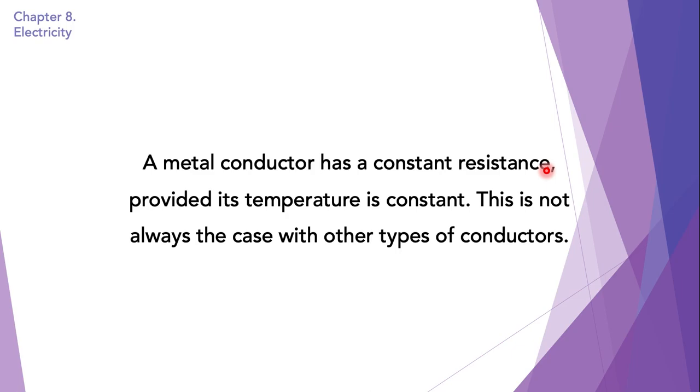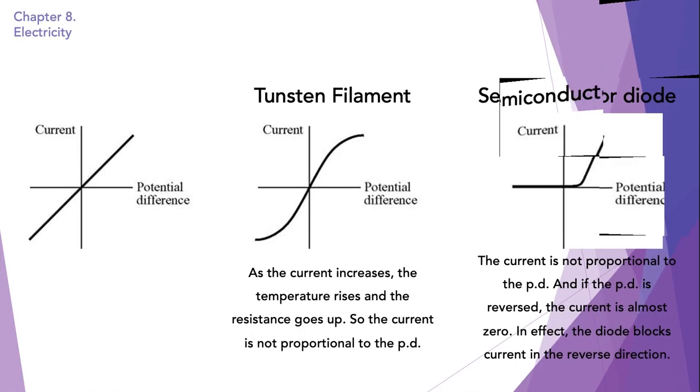So here we have two more examples of current potential difference graphs, and in both of these examples the resistance varies depending on the potential difference. Here we have a semiconductor diode and a tungsten filament.